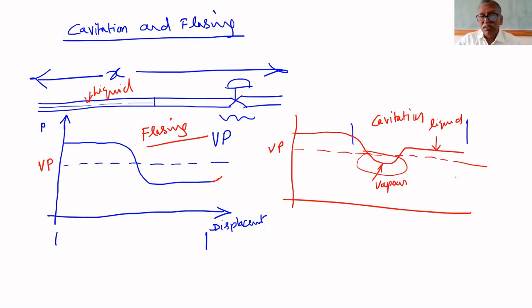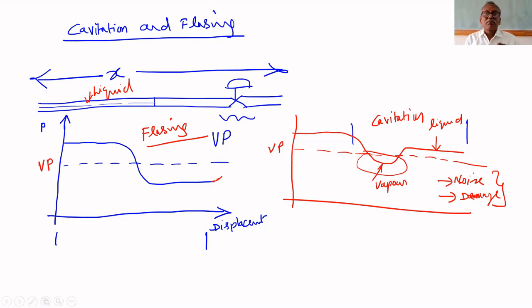In addition, it will generate sound noise, not electrical noise, and it will damage the walls and surface of the valve. So these two things will happen in the case of cavitation.